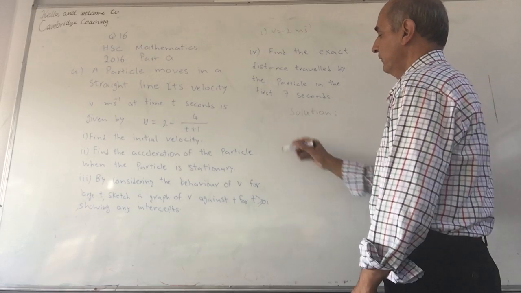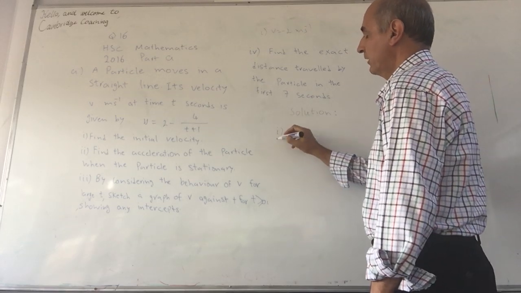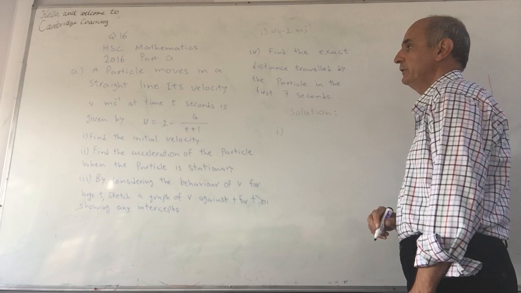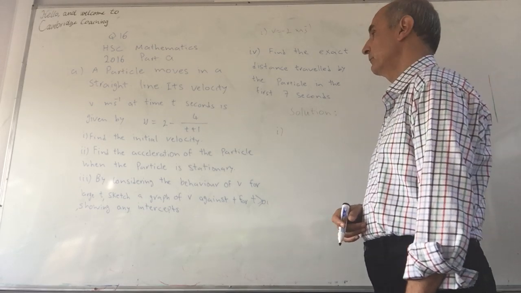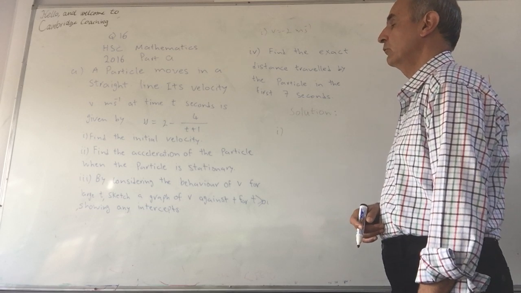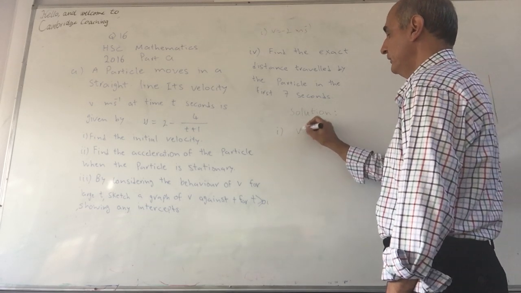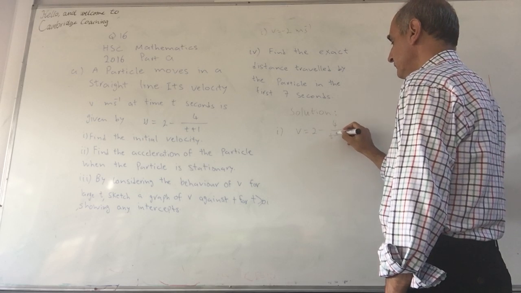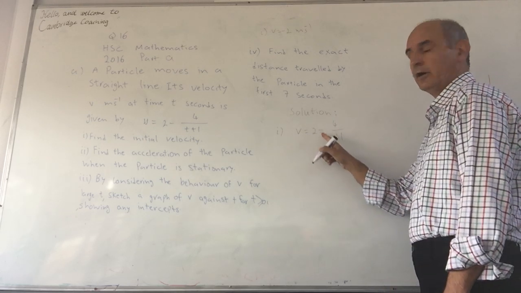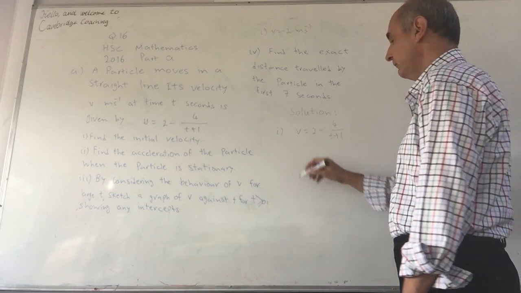Alright, for part 1, they are asking us to find the initial velocity. To find the initial velocity, we substitute 0 for time in the equation they have given for the velocity, which is v is equal to 2 minus 4 over t plus 1.